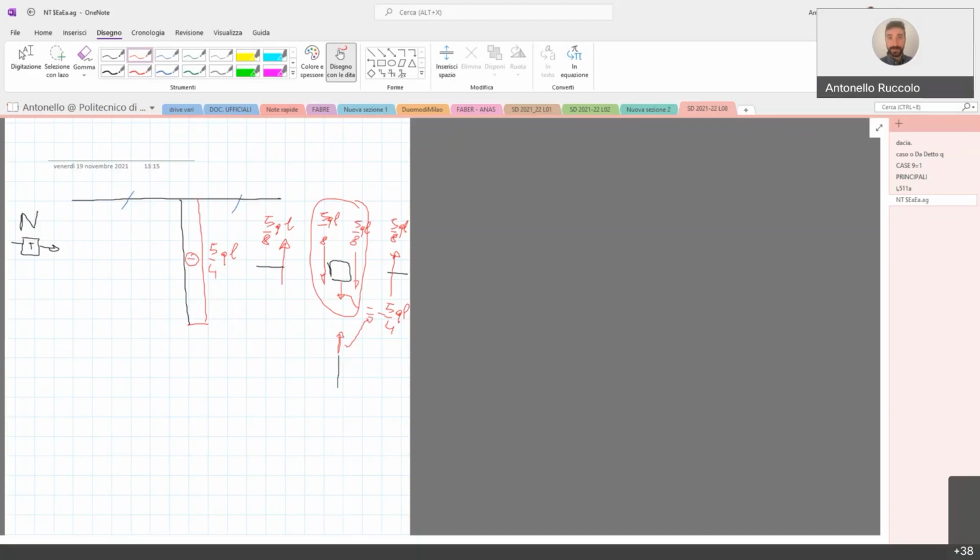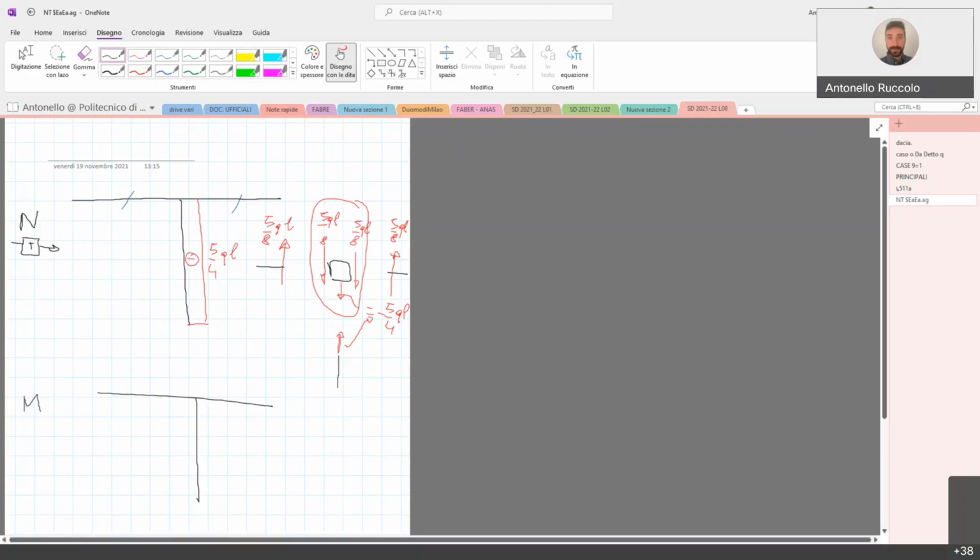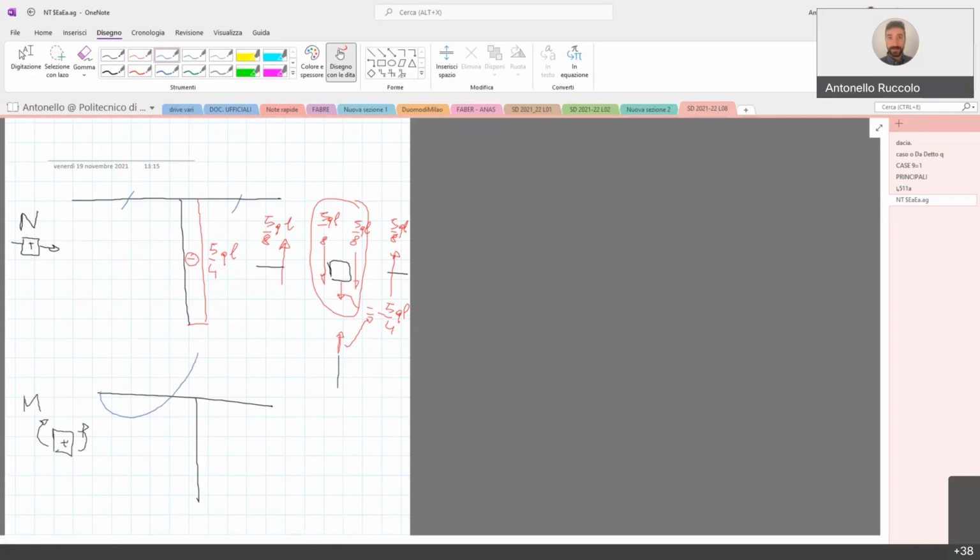Then finally, we consider the beam, the bending moment. We can solve it, but it is very easy to find that it is this drawing, QL to the power of 2 over 8.